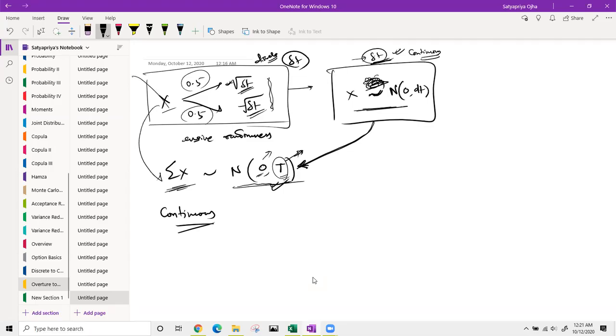I don't have to work with discrete up move, down move, middle move, left move, right move. We don't need all those. Simple, a random draw from a continuous distribution with a very tiny variance. Over time, when you keep adding these random draws together, that will result in this distribution.